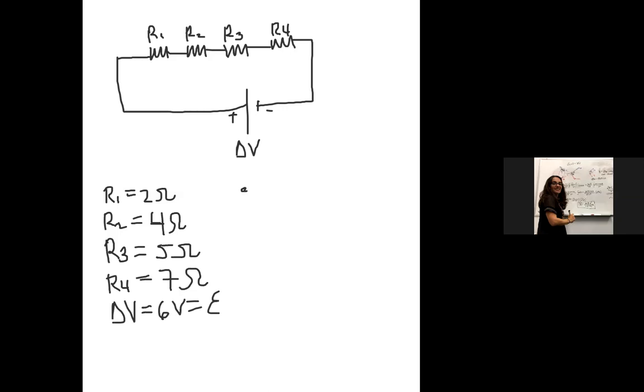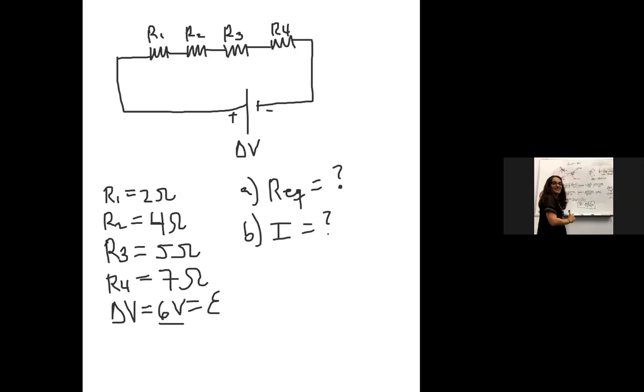So the first thing we want to do is find the equivalent resistance. And the next thing we want to do is find what the current is if the EMF in the battery is 6 volts.